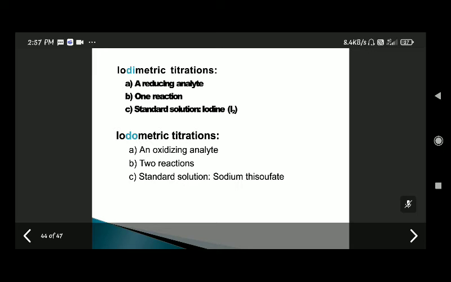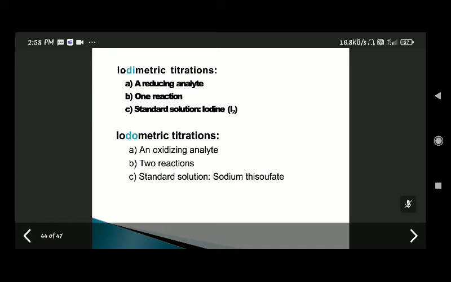It is FeSO4, (NH4)2SO4, 6H2O. It gets oxidized in this redox titration: Fe2+ gets oxidized to Fe3+, ferric sulfate. So it's a 1 electron change.